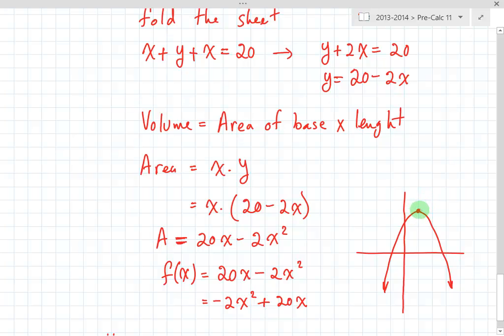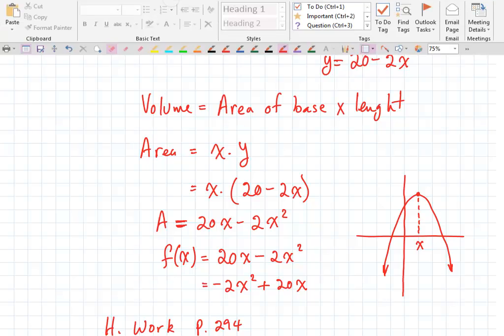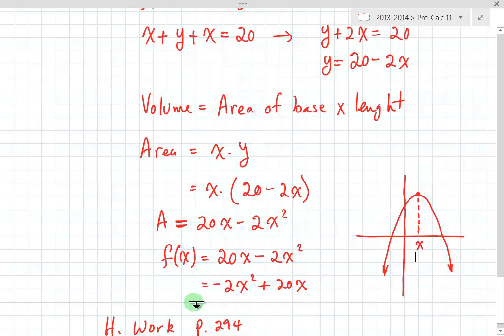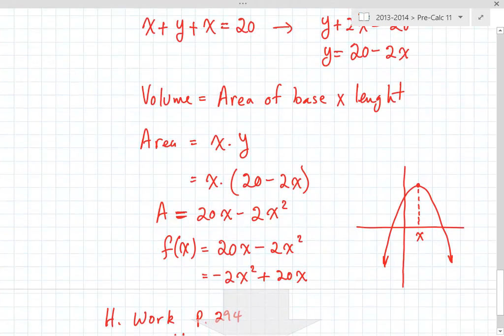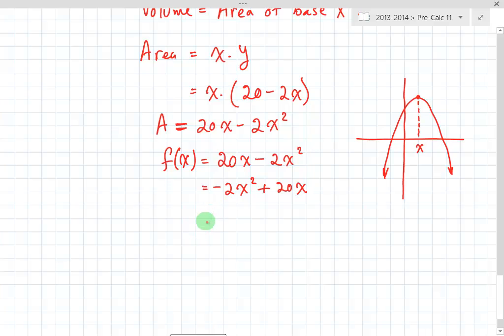So we need to find out what the x coordinate of the vertex is, and if you find out the x coordinate of the vertex, that's basically the x value that maximizes the area. So that's what we're going to do. We need to find out what the coordinates of the vertex are. The coordinates of the vertex we can find by completing the square. So I'm going to complete the square.